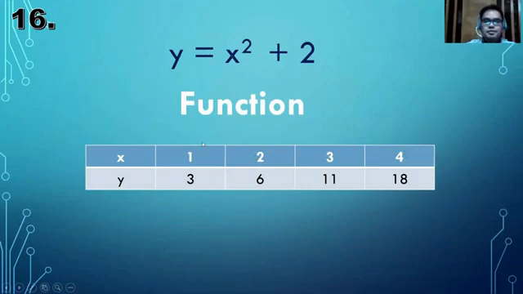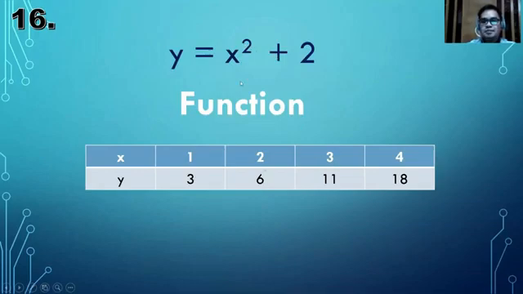substitute the value of x with 1. That makes it 1 squared plus 2, and that is 3. Am I right? Okay, 2. 2 squared, that would be 4. 4 plus 2, that makes it 6.